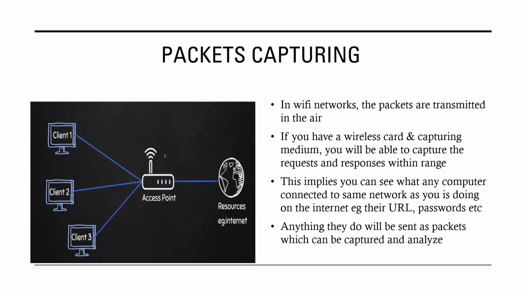If you have a capturing medium such as Wireshark and you have a Wi-Fi card, let's say your internet is on, and you have the app called Wireshark, once you switch it on, you'll be able to capture packets that other people are sending within the range of your system. That means any computer connected to the same network, you'll be able to view details, capture details, and even analyze the details of the packets going through their system.